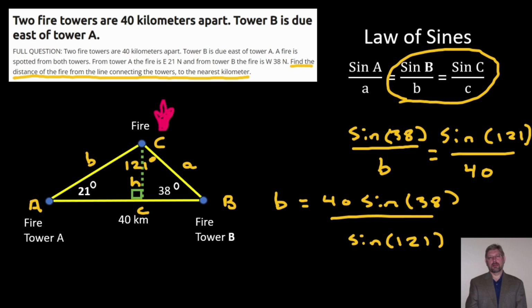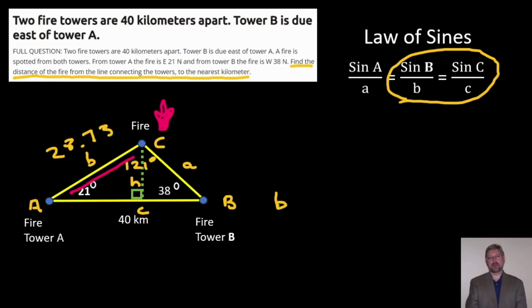So I take 40 times sine of 38, and I divide that by sine of 121, and that gives me b is equal to 28.73 kilometers. So that's right here, 28.73. Now we're almost done.